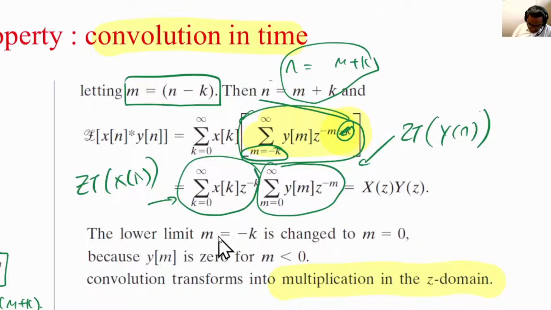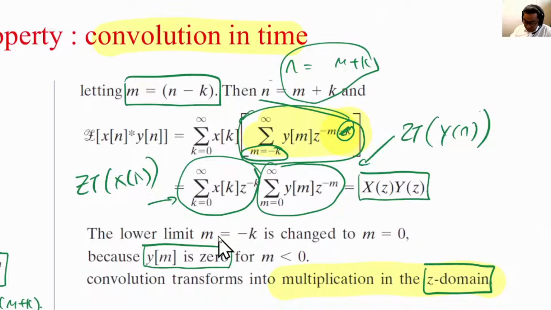The assumption is that y[m] is 0; we're assuming that the sequence is 0 before time index n equals 0, or in this case m equals 0. So this shows that convolution in time for two causal sequences becomes multiplication in the Z domain.